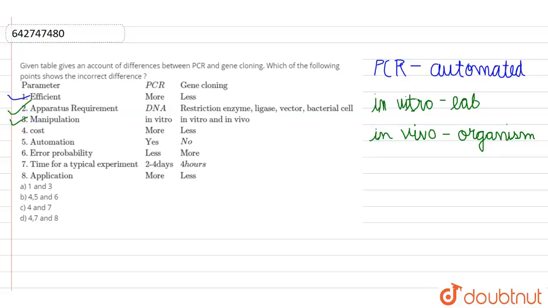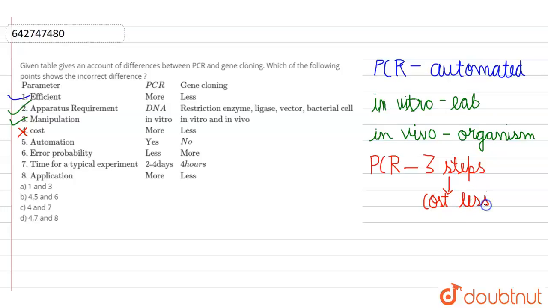Now the fourth point of difference is based on cost and it says that PCR is more costly whereas gene cloning is less costly. So this point of difference is wrong. PCR is less costly because PCR has only 3 steps. To perform 3 steps, we do not require much cost. So its cost is less.